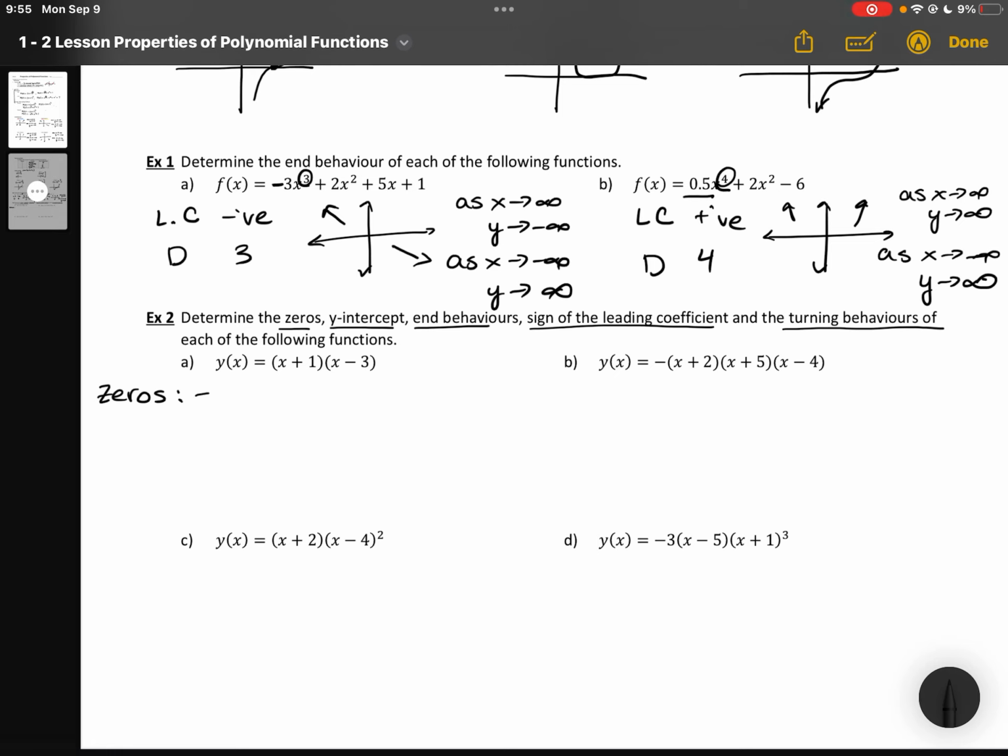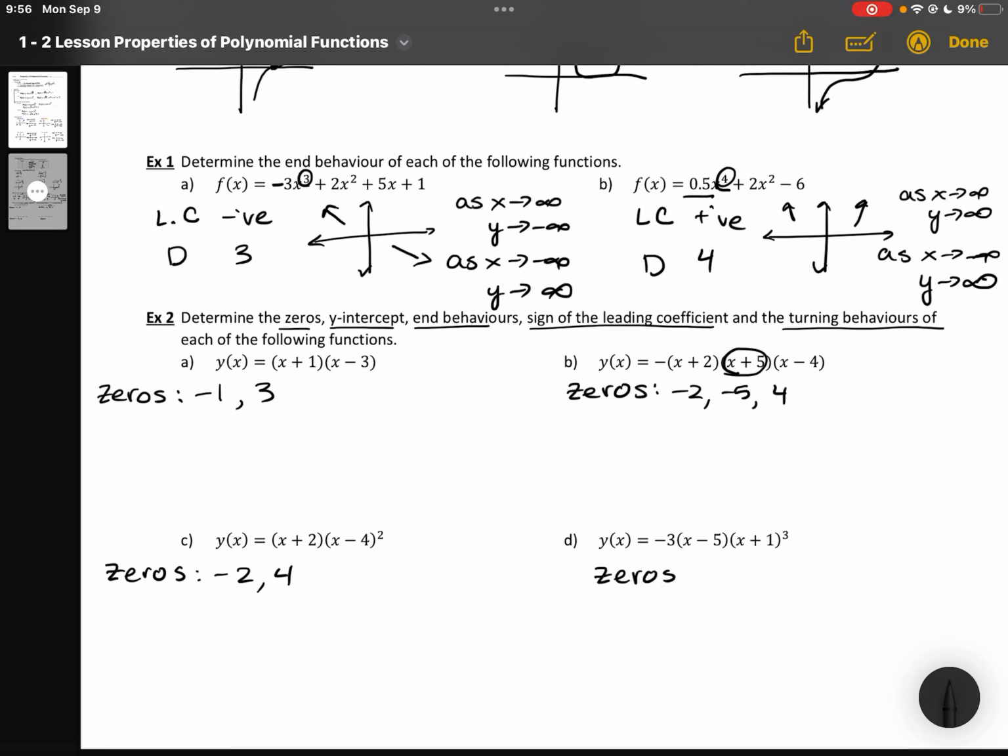The zeros are just the opposite of whatever is in those brackets. So let's go through, we'll do those for all 4. So we've got -2, -5, and 4. Really what I'm doing is setting each bracket equal to 0 and then solving. Shortcut is just taking the opposite sign.